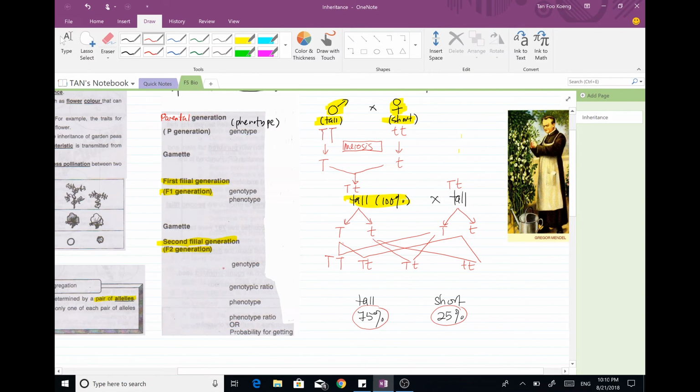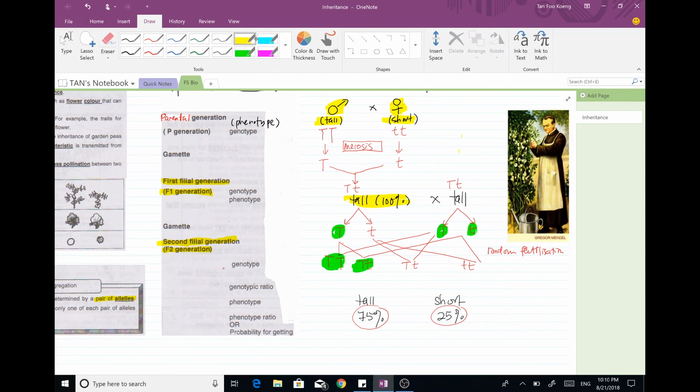So in random fertilization, this gamete can pair with this gamete. It can also pair with this gamete, giving rise to these two types of genotype.